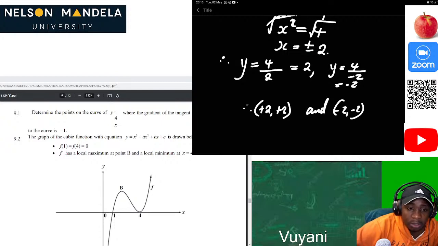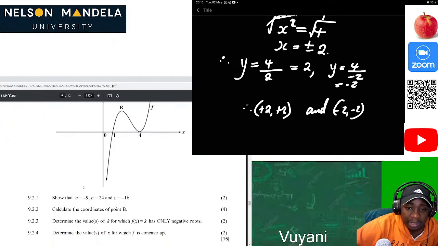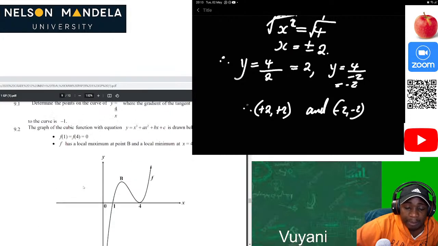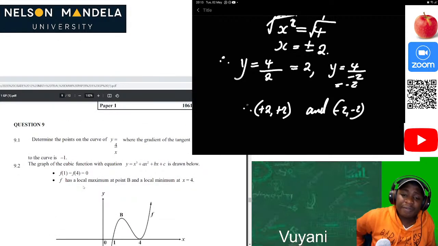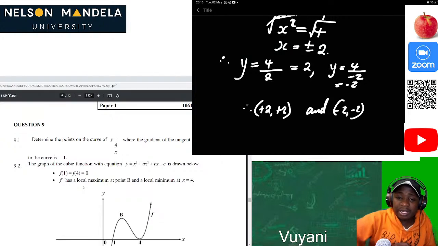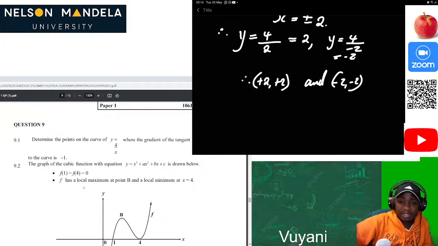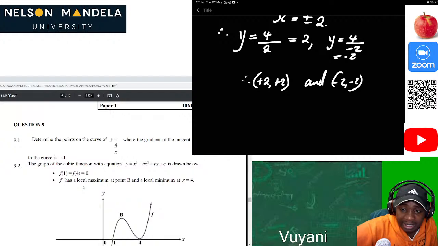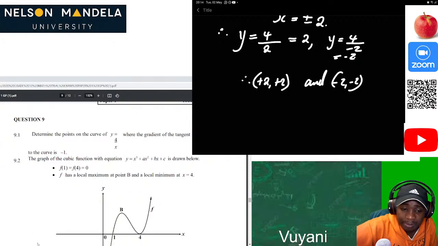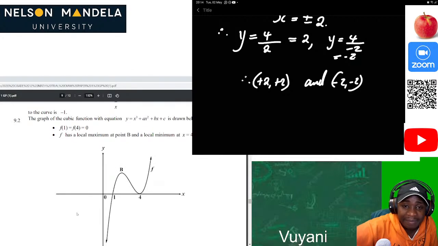Now moving on to 9.2. On 9.2, the graph of the cubic function with equation y equals x cubed plus ax squared plus bx plus c is drawn below. We're given that f of 1 and f of 4 are equal to 0.